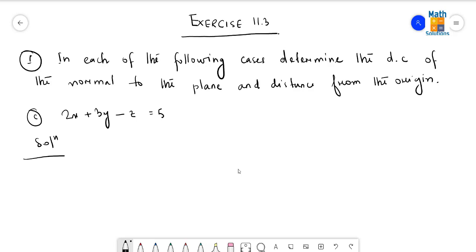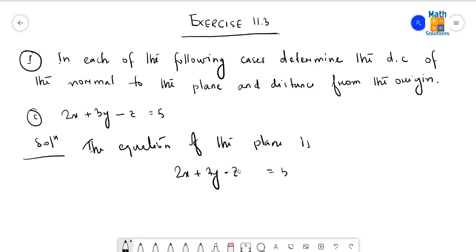It is given that the equation of the plane is 2x + 3y - z = 5. Now in case of this equation we can consider this as ax + by + cz = d. This could be the form.